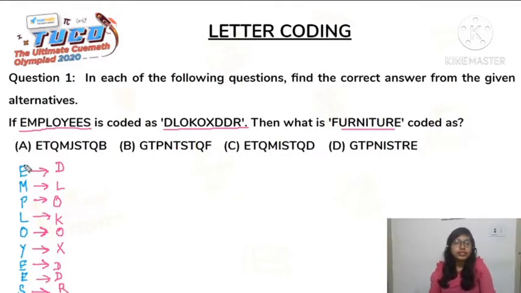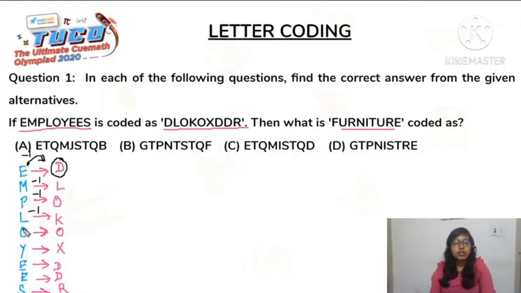If you will notice, D is just the letter before E. So I could say this is -1, E -1. M. So again, A, B, C, D, E, F, G, H, I, J, K, L, M. So L is again one letter before M. Coming to P and O, this is again one letter before P. So what we see here is that we have all letters before the letters that's given to us, right?